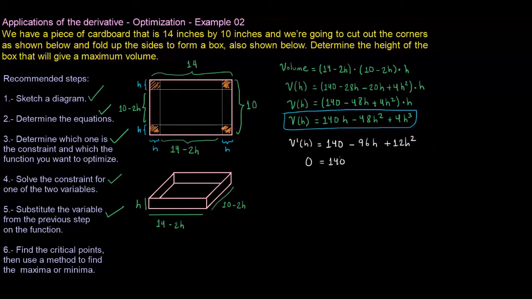Okay, 140 minus 96 times h plus 12h squared, and we have to find the roots. Basically they would be the critical points for this expression. But there's no way to factor this out, so we have to use the general formula, or chicharronera, as you may know it, which I don't know how or why you use that name, but okay, let's forget about it.